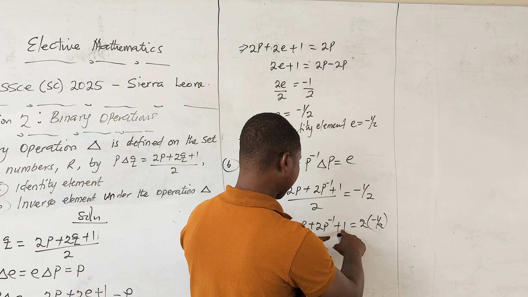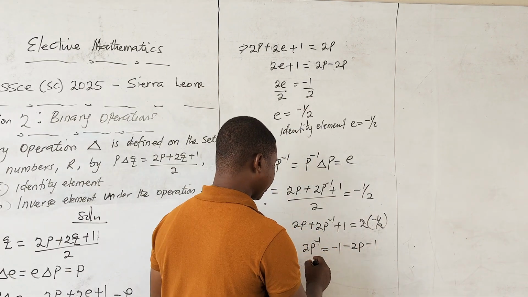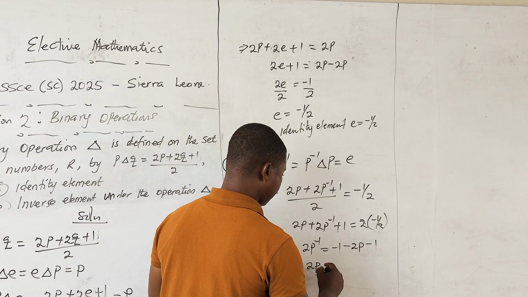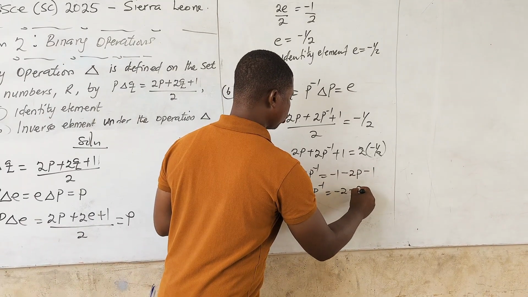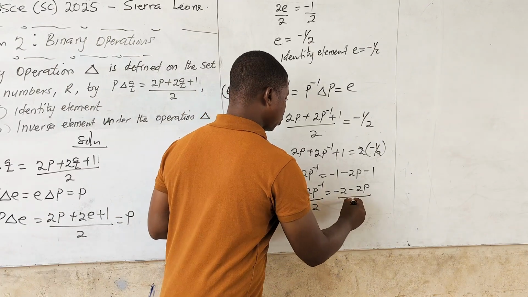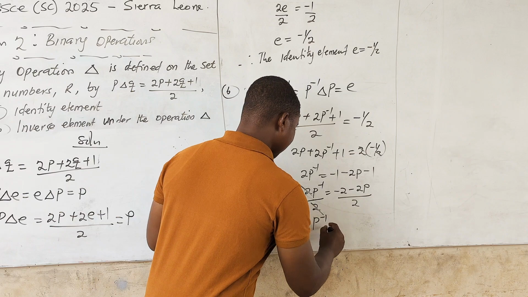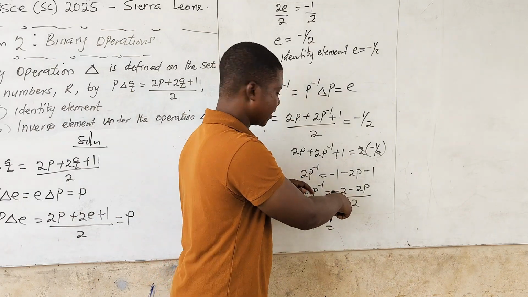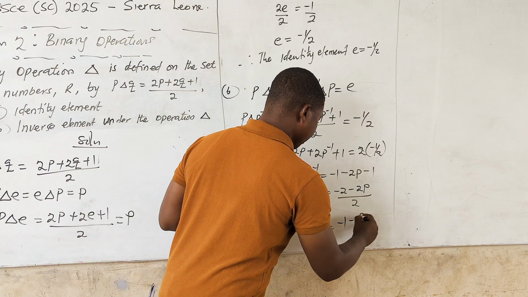This one will also go there, minus 1. So we have 2P inverse is equal to negative 2 minus 2P. You divide here by 2, here by 2. You cancel out. So P inverse will give us, 2 will go into that, we have -1. 2 also goes into minus 2P, giving minus P.